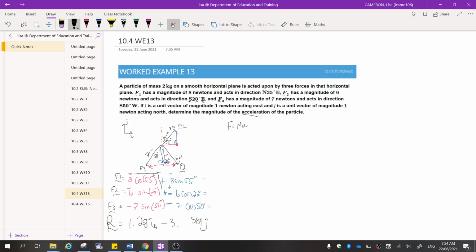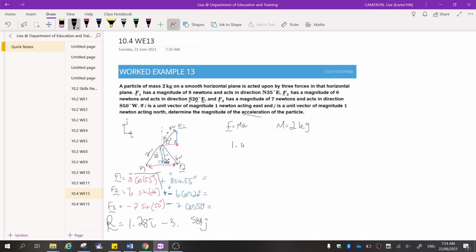Now, it tells us in the question that it's got a mass of 2 kilograms. And we are trying to find the magnitude of the acceleration. So we don't actually need to throw it into this thing at the moment, not yet anyway. Sorry, we do throw it in.